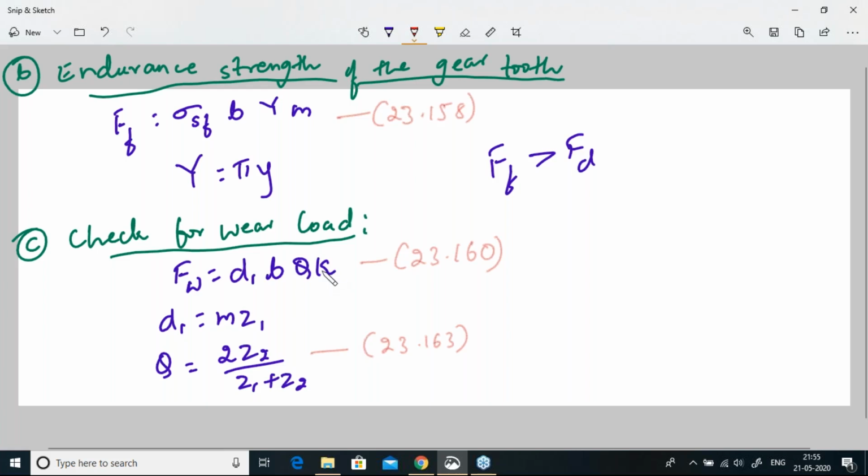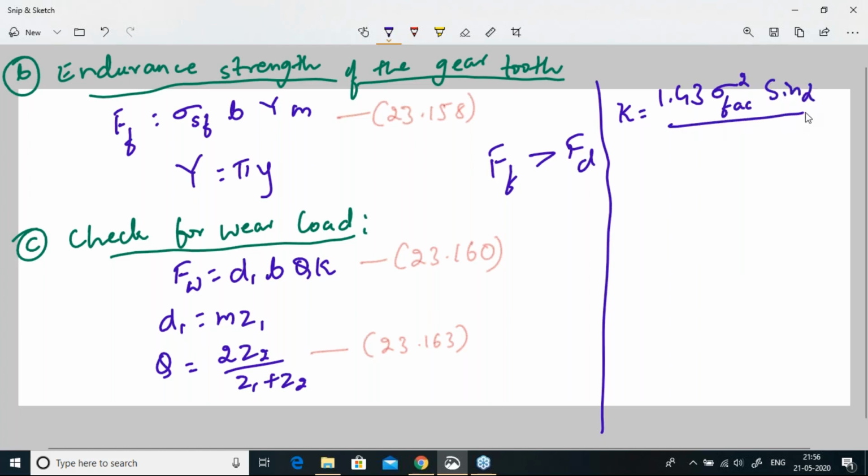Then K is called as the load stress factor, which is equals to 1.43 into sigma FAC square into sin alpha divided by E naught.